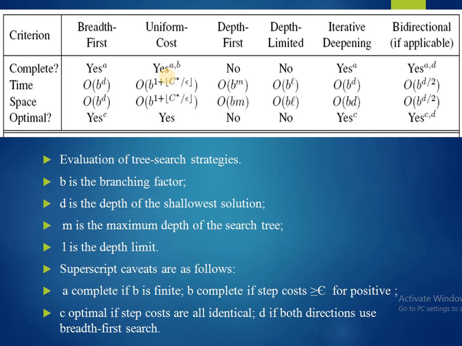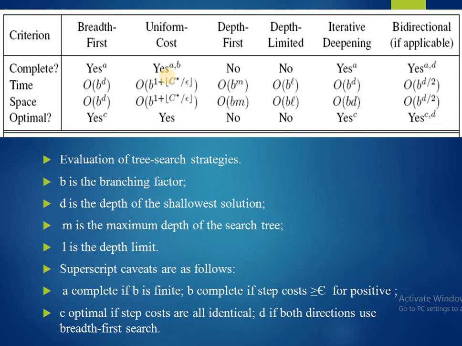In the same way, for space, breadth first search has O of b raised to d, while uniform cost search has O of b raised to 1 plus C star divided by epsilon. For depth first search it is O of bm.